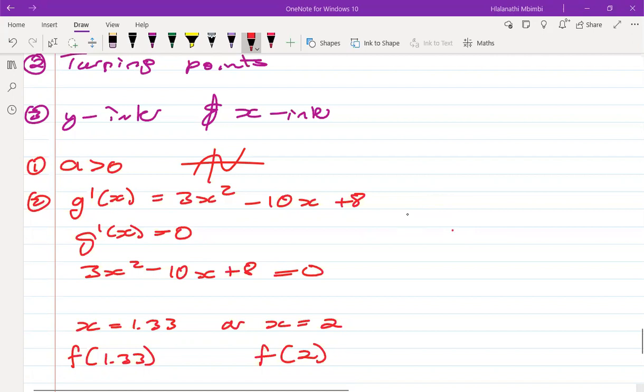I'll wait for you guys, the f of 2 and the f of 1.33.